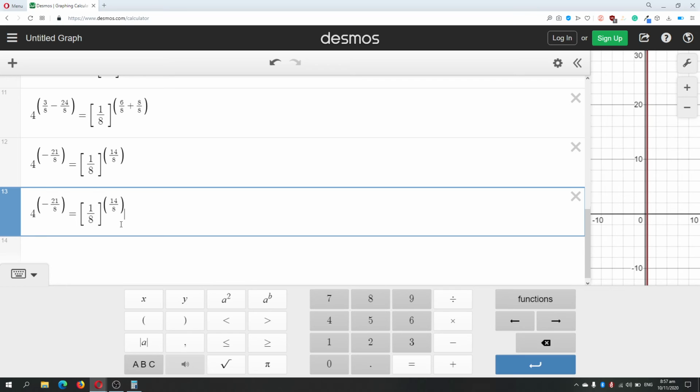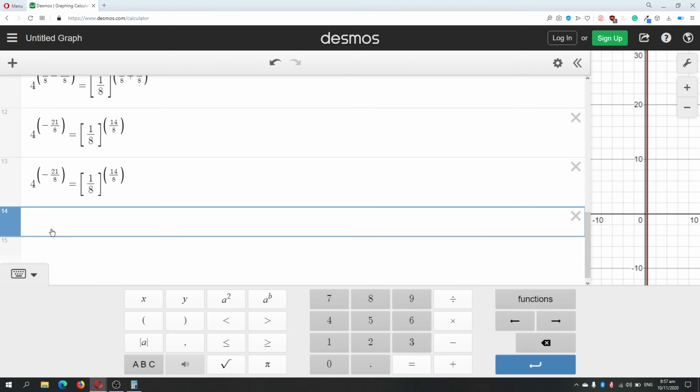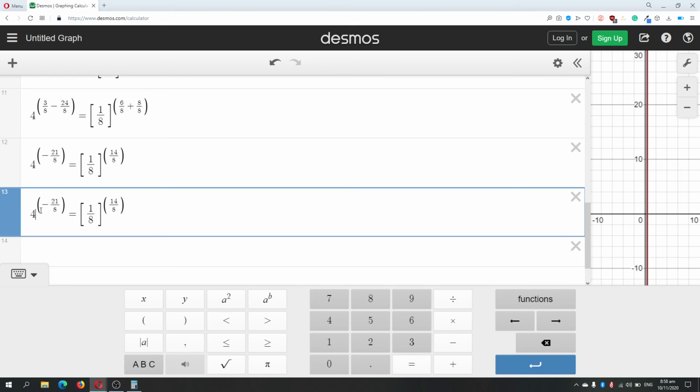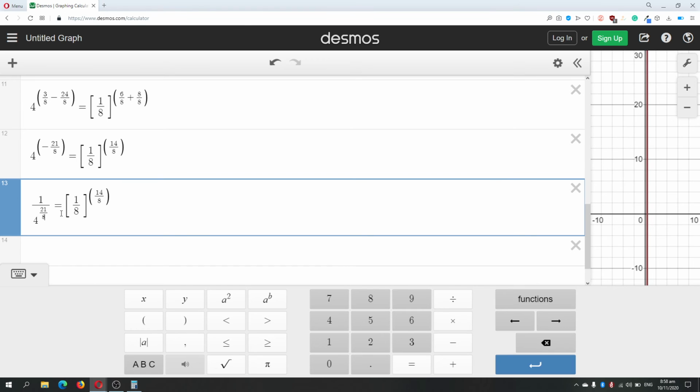So, that is the case. Express natin ito as fraction din. Okay? So, express natin as fraction. So, that is equivalent to 1 over 4 raised to 21 over 8. Yan.